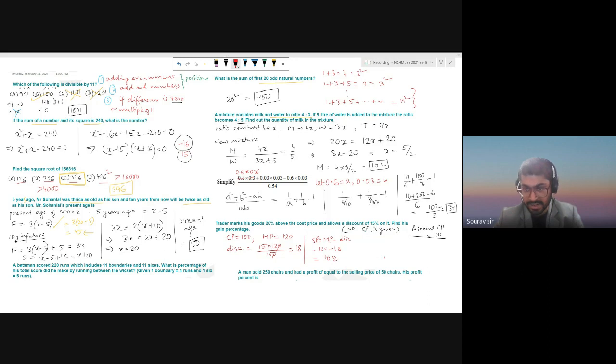So how much did he gain? His CP was 100 and his SP is 102. So gain equal to 2. So whatever the gain is on rupees 100 is also the gain percent. The gain percent is 2%.